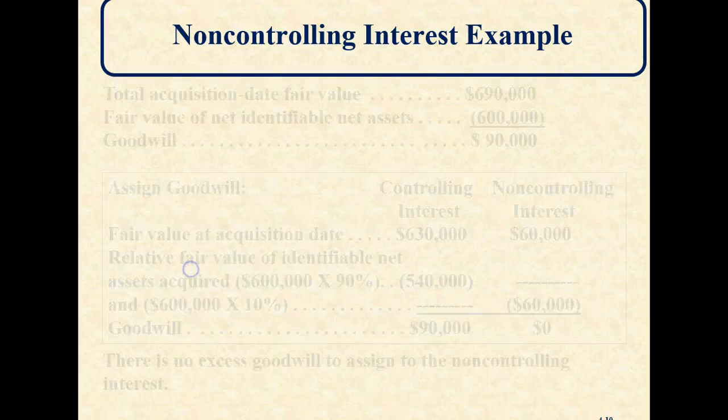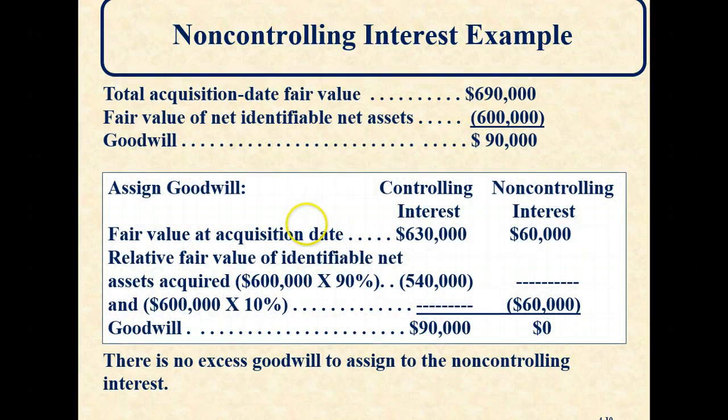In this scenario, the goodwill is going to be the difference between the fair value of the assets and the acquisition fair value. We see that $90,000 is above and beyond what the fair value of the assets are. So we're going to split the controlling interest from the non-controlling interest.